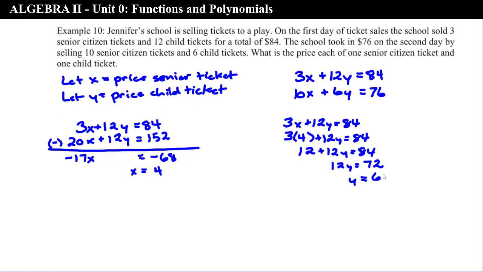Remember, we're not going to write this as an ordered pair because this is a word problem. So we need to give some context. And so we write our answer this way. Senior citizen tickets cost $4 each.